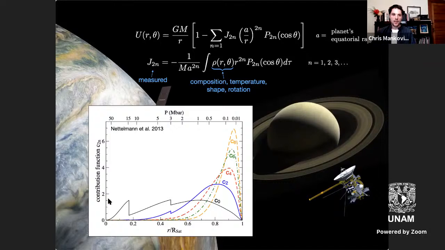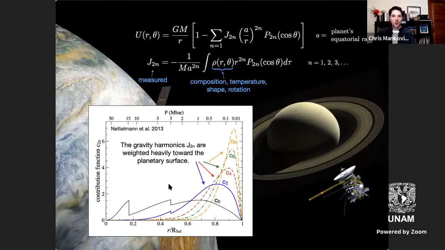This is a plot that summarizes the contribution functions to these J2n, starting from 0, 2, 4, 6, 8. So J2, the contribution function over, say, Saturn's radius to J2 is given by this blue curve, where the maximum value tells you the key region to which that quantity is sensitive.